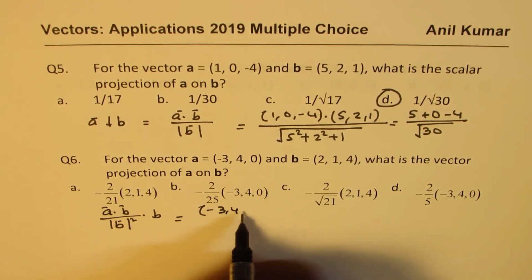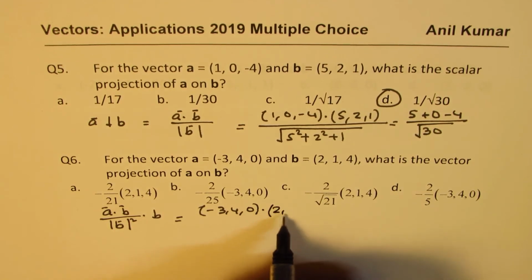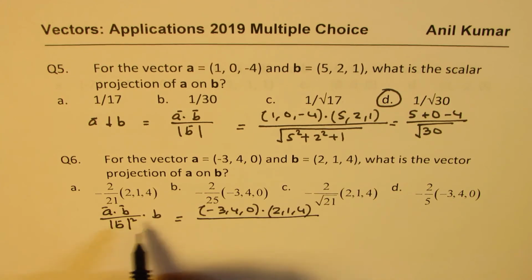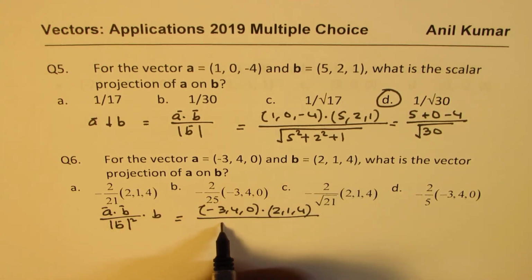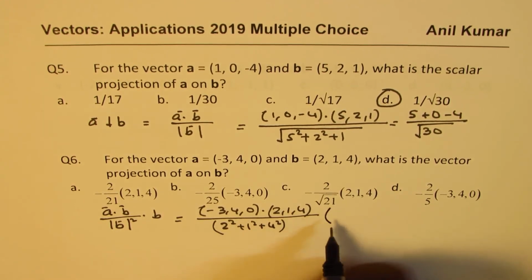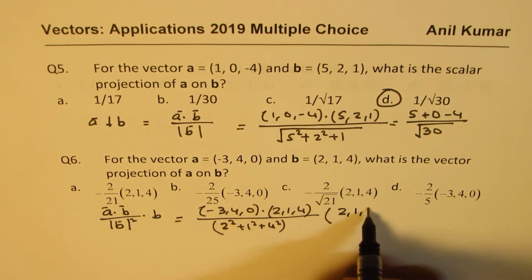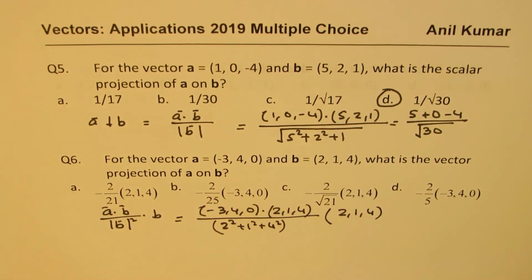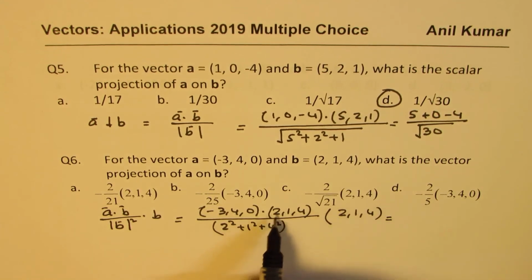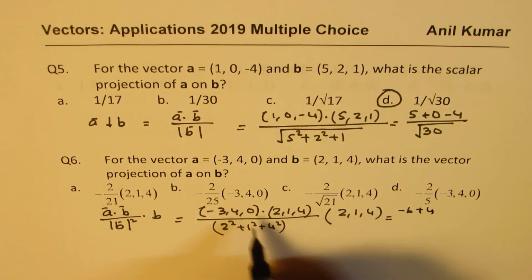Now, let's do the dot product. Minus 3, 4, 0 dot 2, 1, 4, and the magnitude of B will be squared. So that means we have 2 squared plus 1 squared plus 4 squared, right? And the vector B, which is 2, 1, 4. Correct? So that gives us, this is the scalar multiple, right? So what we get here is minus 6 and 4 plus 4, right?